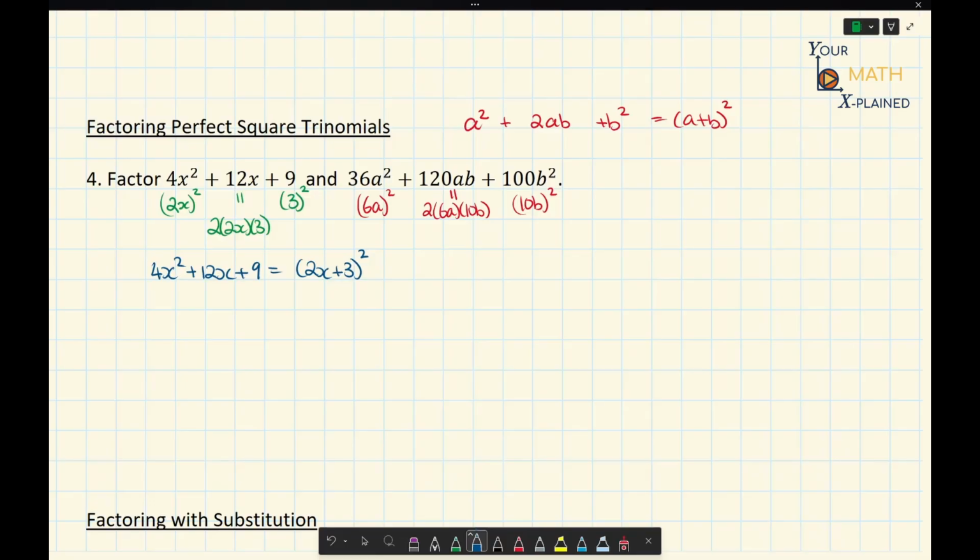So therefore, our second expression, 36a squared plus 120ab plus 100b squared, is going to be equal to 6a plus 10b all squared. Now, a quick note here: since both of these examples had the middle term being positive.